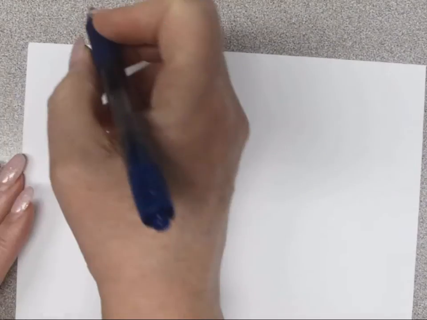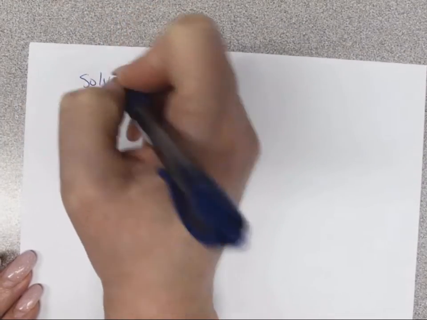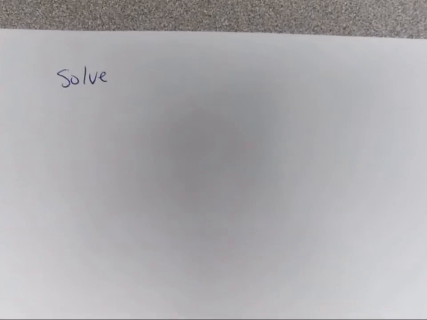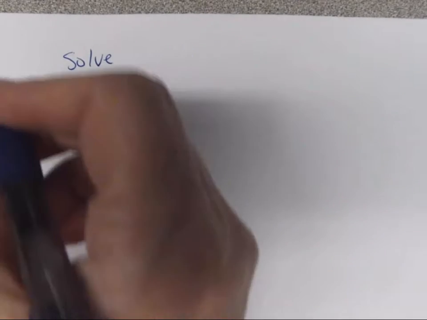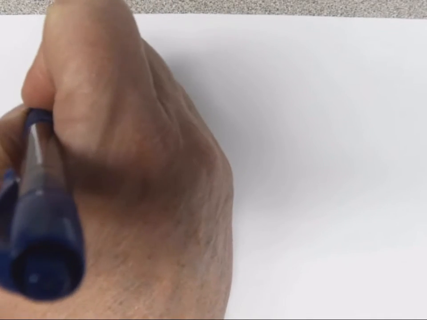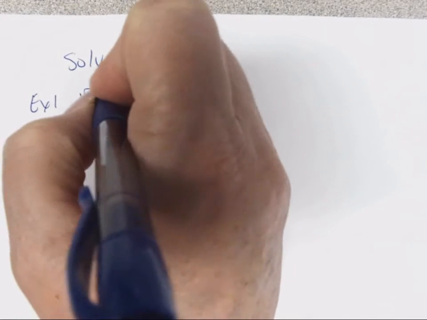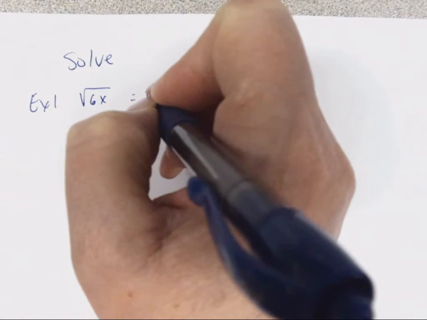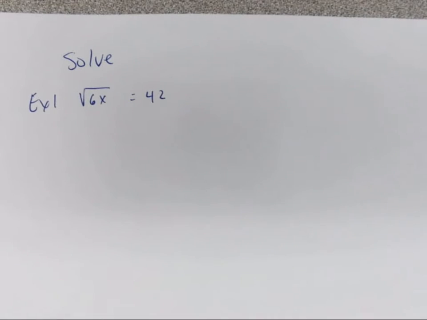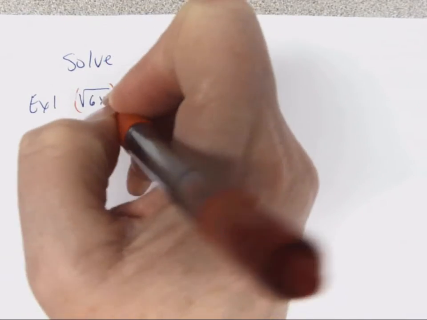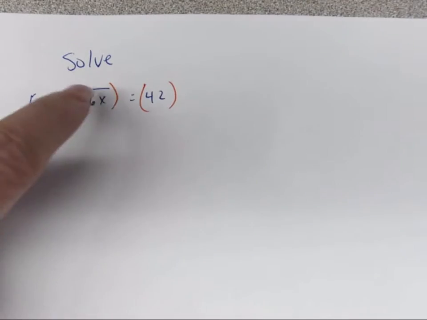All right, so let's look at an example. We are solving these equations. For example 1, we have the square root of 6x equal to 42. In order to solve this, we're going to raise both sides to the index.